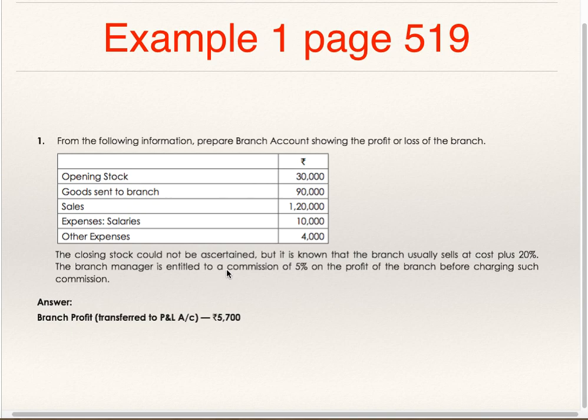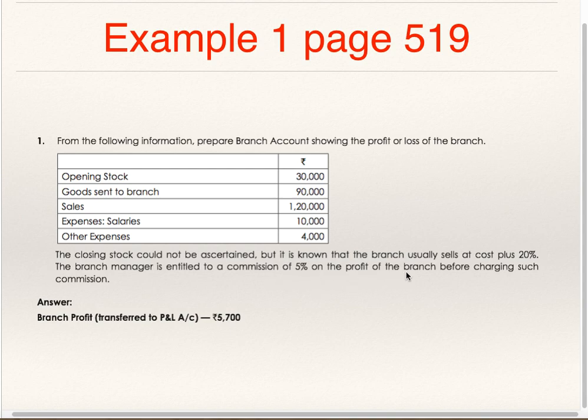The branch manager is entitled to a commission of 5% on the net profit before charging such commission. In this case, find out the surplus, that is credit minus debit, and 5% of that will be commission to the manager, because it is 5% before charging commission.